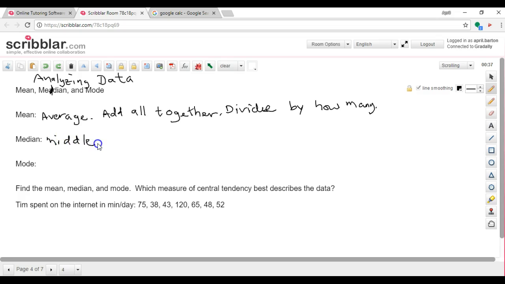We will put them in order and search for the middle number. And the mode is just the number that occurs most often.